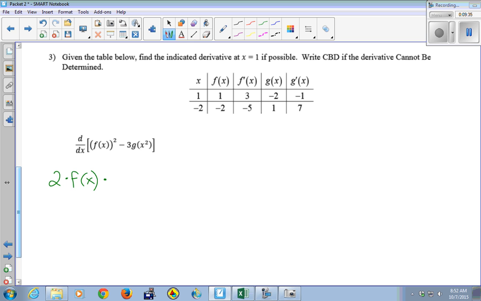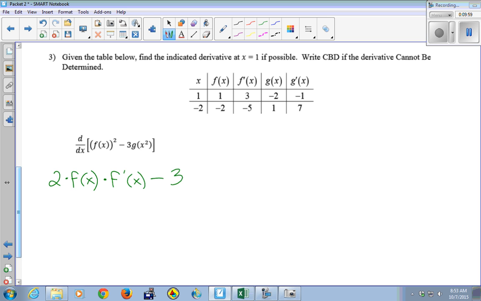The derivative of f, which I'll just call f prime, right? Because I don't have a formula, so I'll just call it f prime. So I applied the power rule to f of x, and then I multiplied by the derivative of the inside function. Okay. Minus 3, constants just always come along for the ride. You can just copy them down, right?